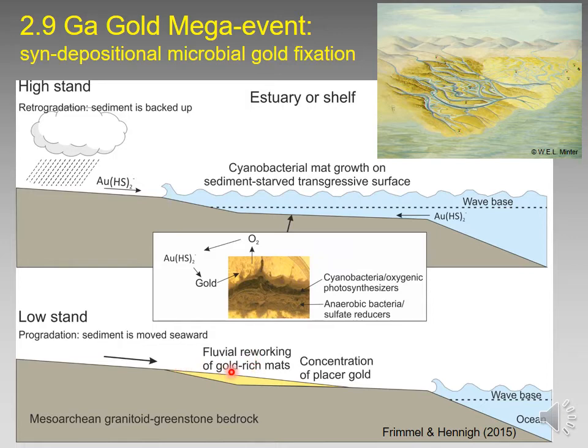That would have released the very fine-grained gold in these microbial surfaces, and this fine-grained gold would have then been the source for fine-grained placer gold further downstream. So effectively, our placer gold would have been directly derived from the mechanical reworking of these microbial mats in wetlands, near coastal wetlands.